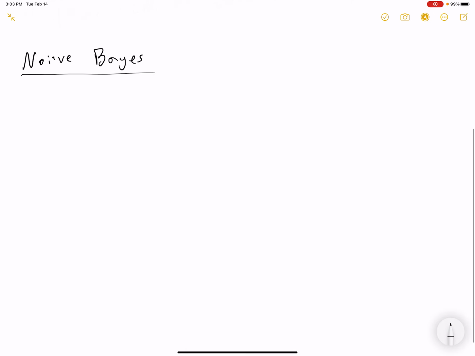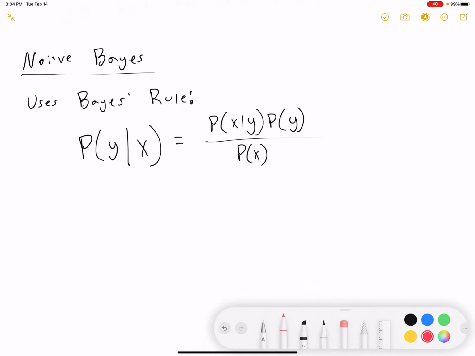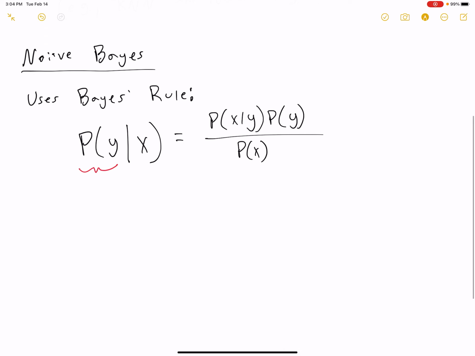So naive Bayes uses Bayes' rule, one of those probability rules, where the probability of the label given the data is equal to Bayes' rule, where Y is the label, X is the data.